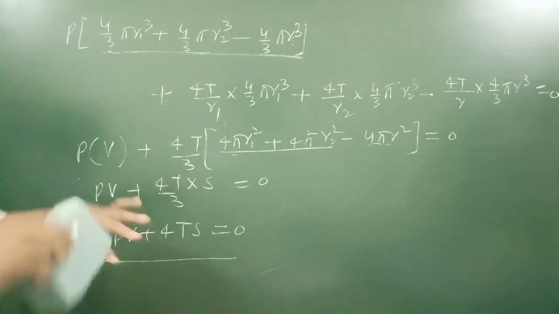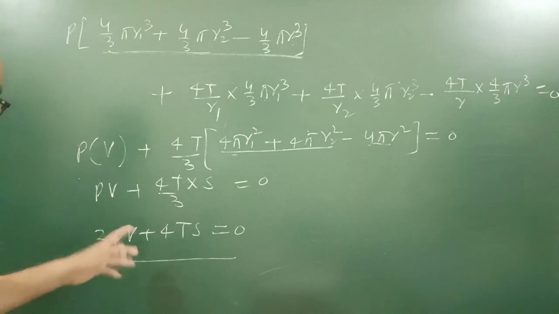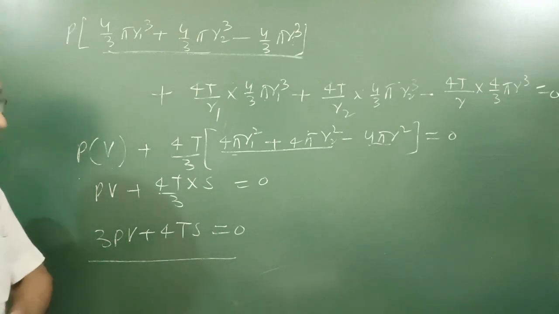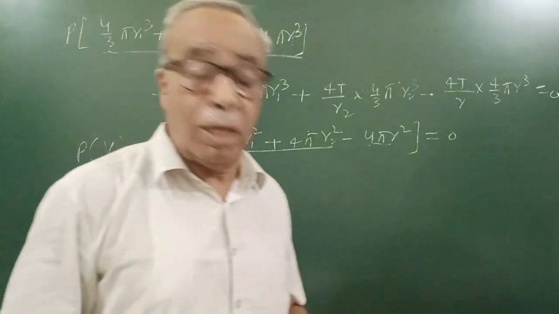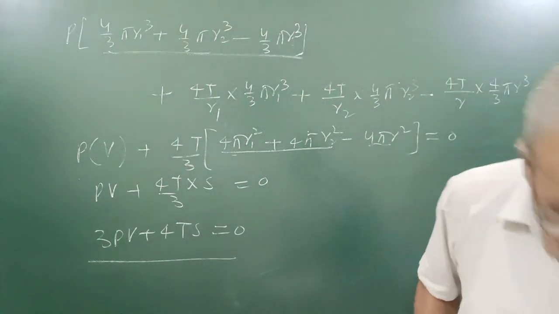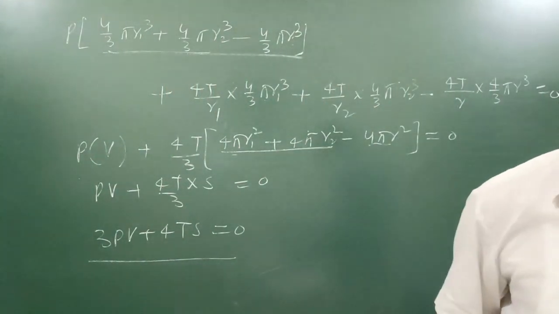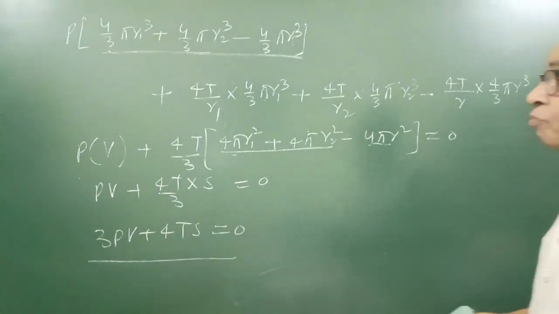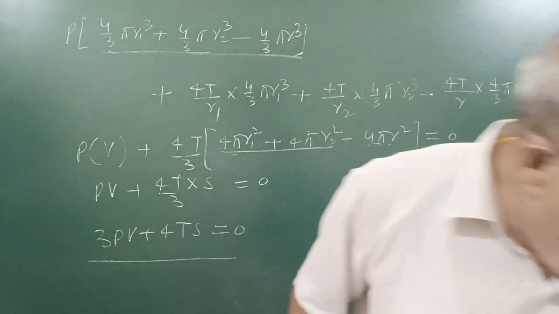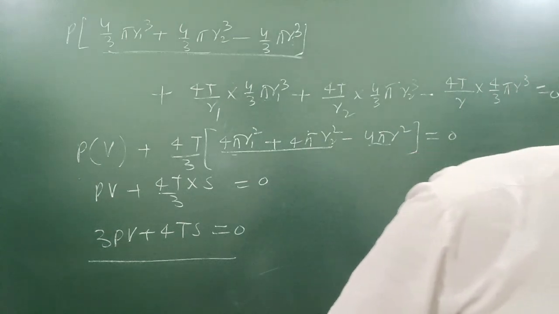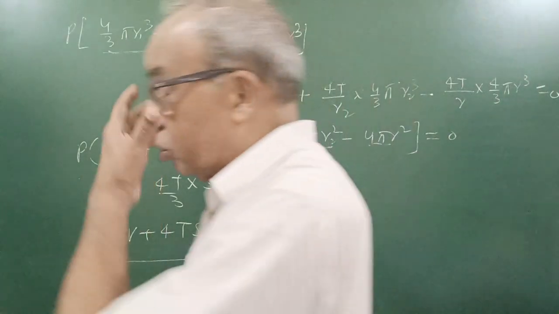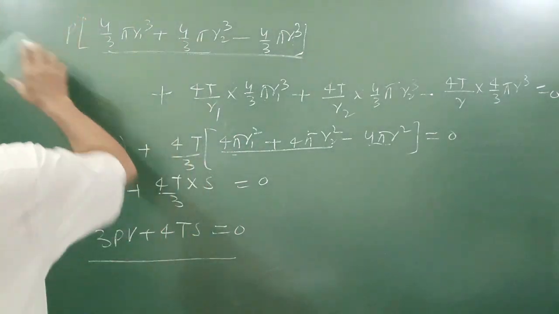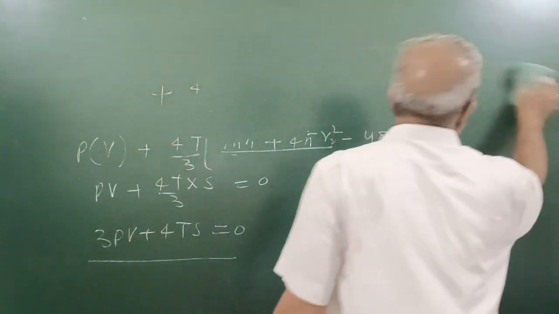Here V is the subsequent change in volume, and S is the change in total surface area of the two bubbles. So this was a good question, and it has been asked somewhere in an exam, not given here, but I feel this is a good question. So I told you this.